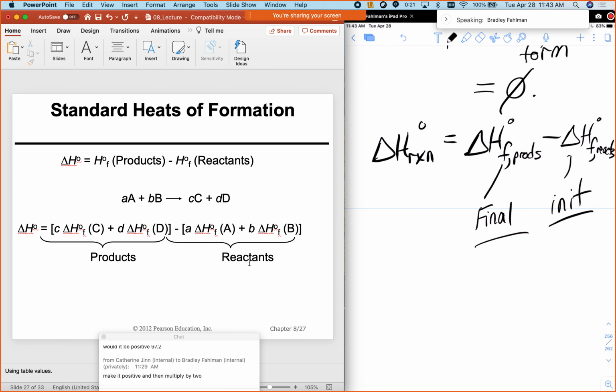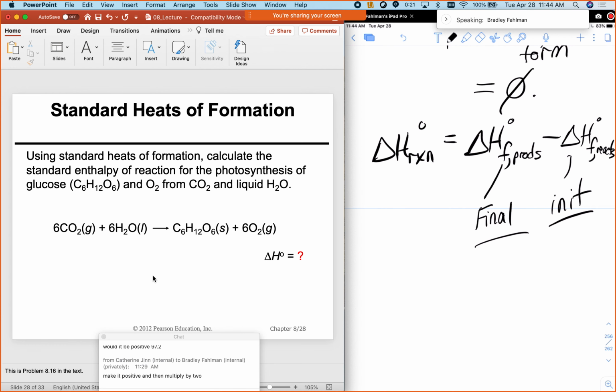For a balanced equation, you have to multiply the values you're given by the coefficients. You'll see this in action in the next slide. This looks a lot more complex than it really is. You're just multiplying these enthalpy values by these coefficients. So let's see what this looks like.